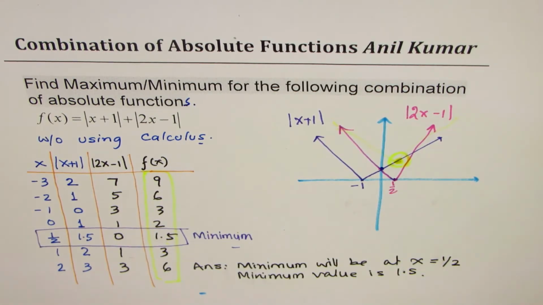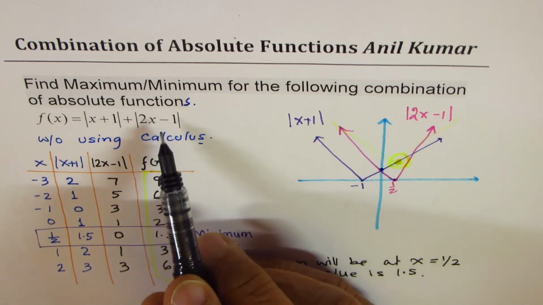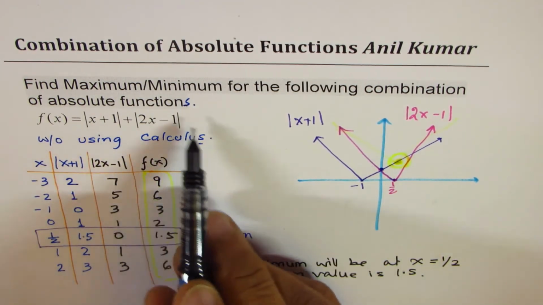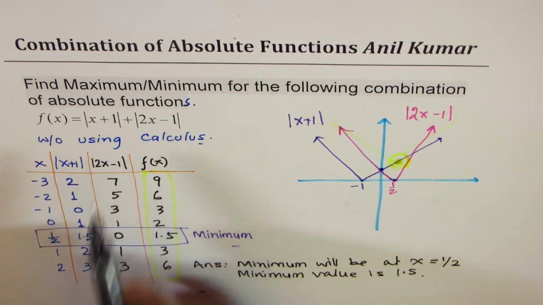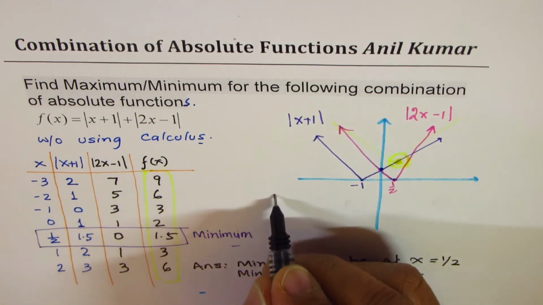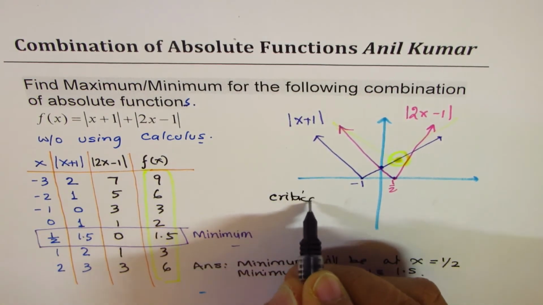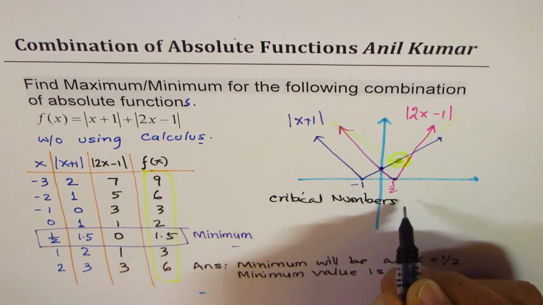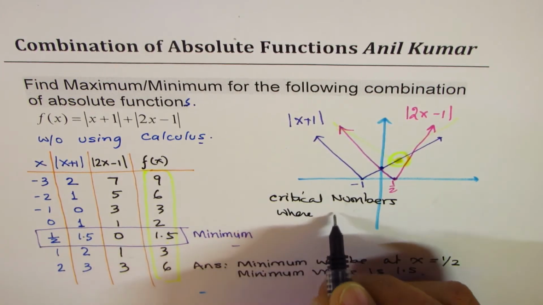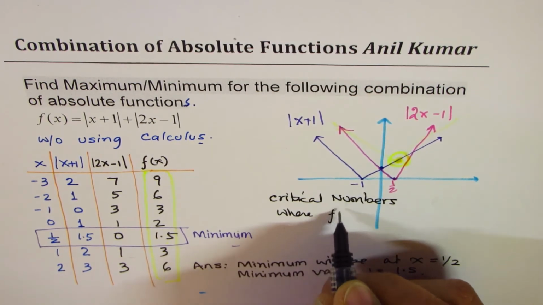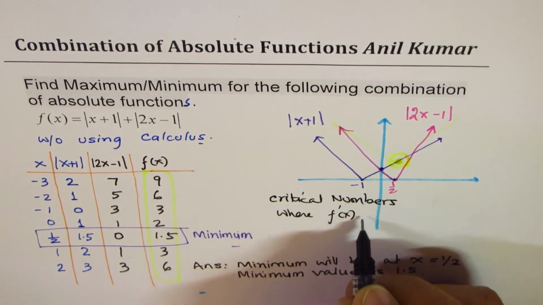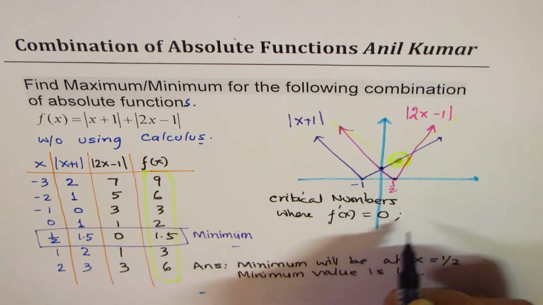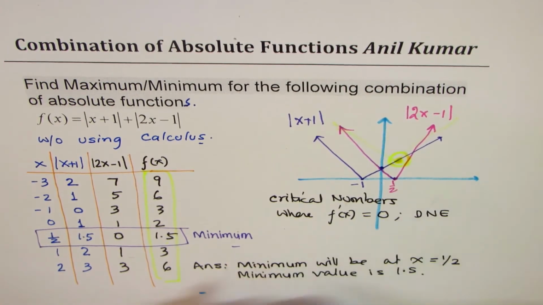Those who have taken up calculus will understand that for any function like this, you could find critical numbers. Critical numbers are numbers where the first derivative, f'(x), is either equal to 0 or does not exist, correct?